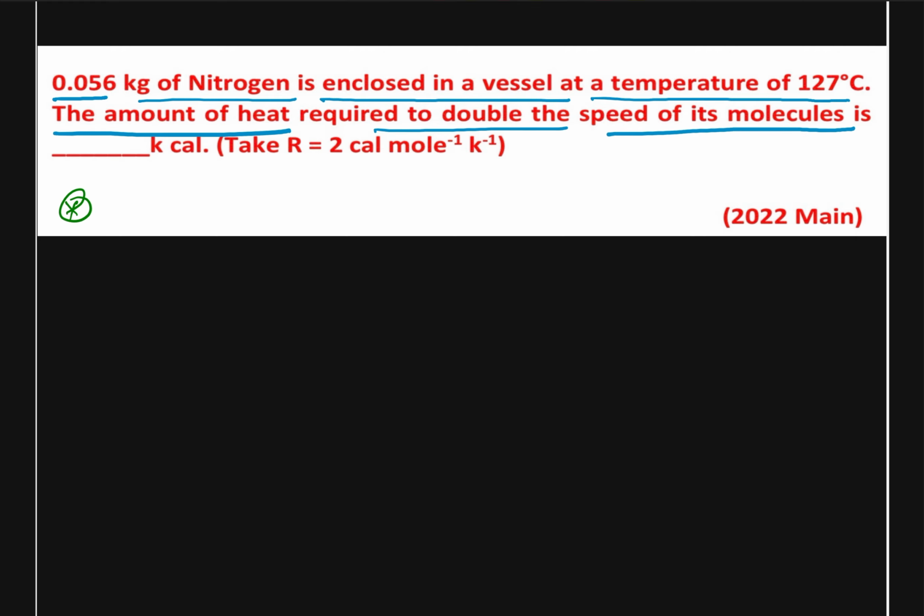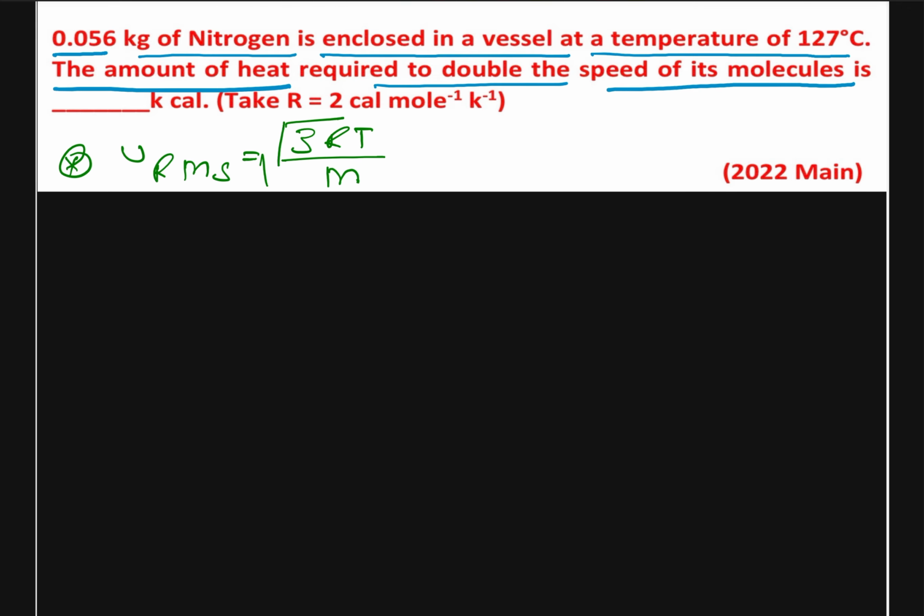So we can say that our VRMS is equal to the square root of 3RT divided by m. And we can write this formula in initial condition and final condition.